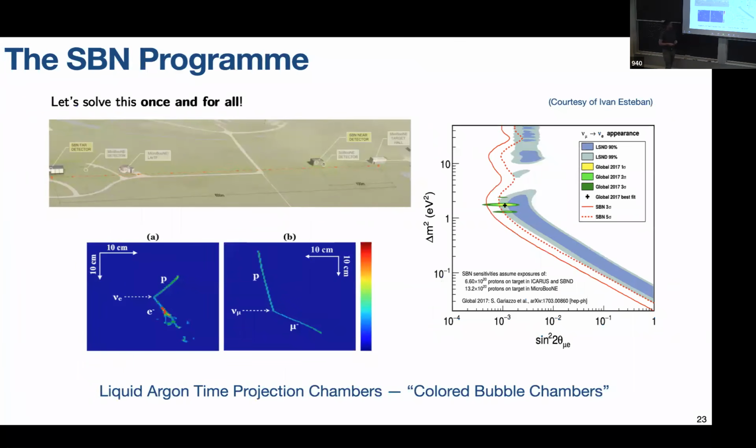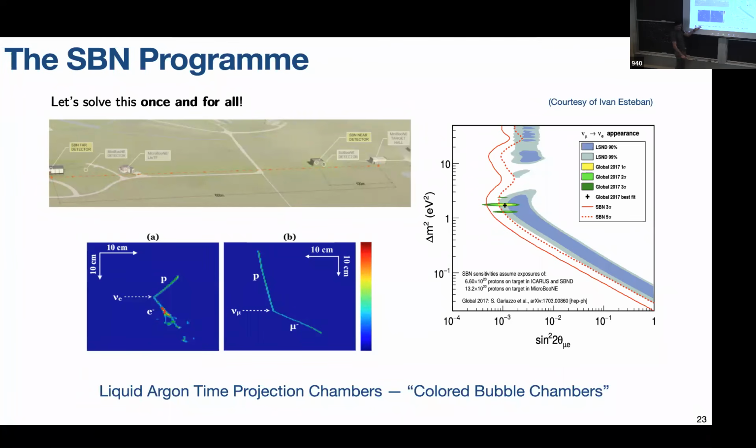And so there was a proposal to build a suite of detectors at Fermilab to kind of test this once and for all. First off, there would be 3 detectors, what's called SBND, MicroBooNE, and Icarus. But they would also use this liquid argon time projection chamber technology that is way, way better at particle identification, way better at energy resolution than previous detector technologies.